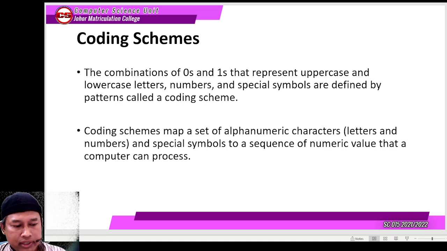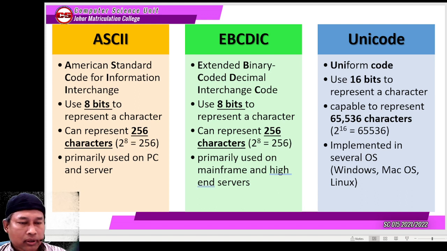The coding scheme is what we learn about for the keyboard in your computers. There are 3 types of coding scheme to represent characters in your computers. Number 1 is ASCII, number 2 is EBCDIC, and number 3 is Unicode.